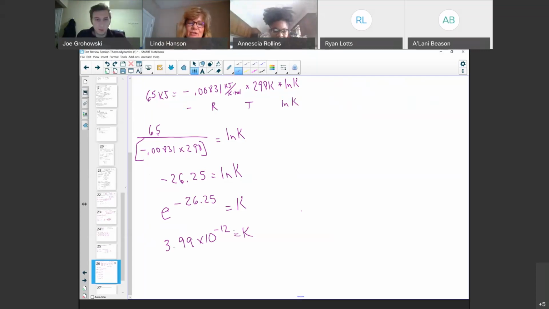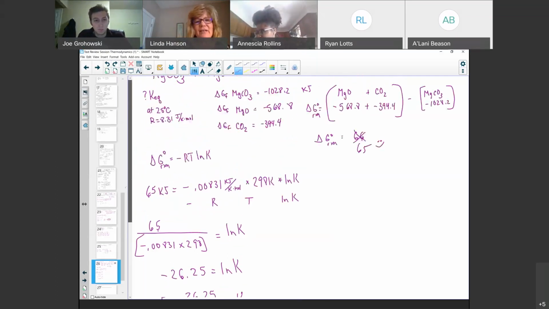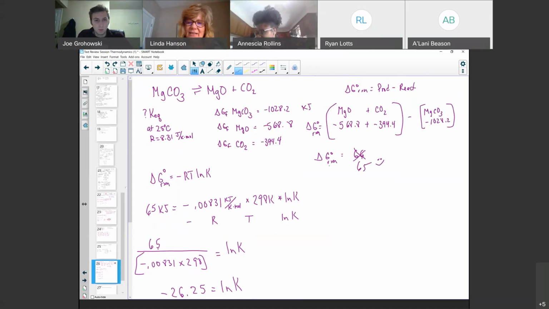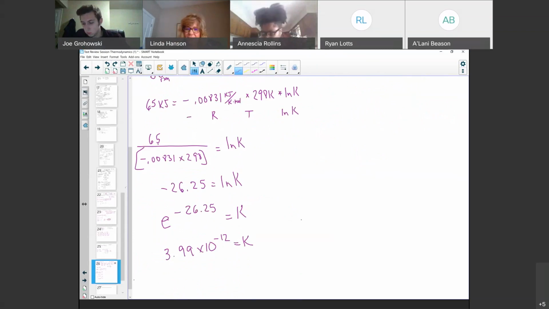But the strategy there is just having to go through and find the delta G using products minus reactants. Products minus reactants got us the delta G of the reaction. When I subtracted correctly, I brought 65 down, divided by R and T, and pulled out K from that. Sweet, someone second my motion.